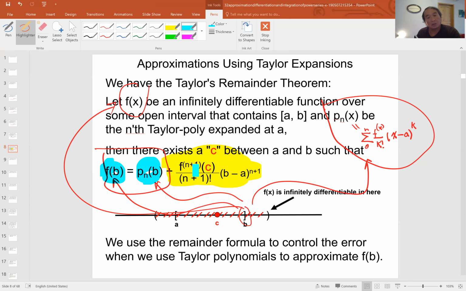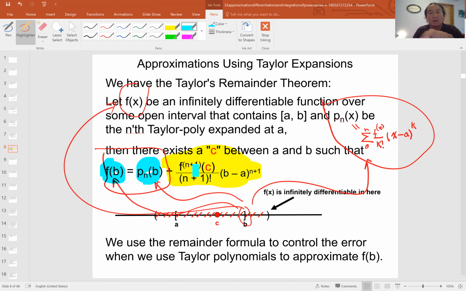So the way we're going to approximate things is we specify what accuracy we want the approximation to be. Then we guarantee that the accuracy range is bigger than the yellow part, and the yellow part is the error.